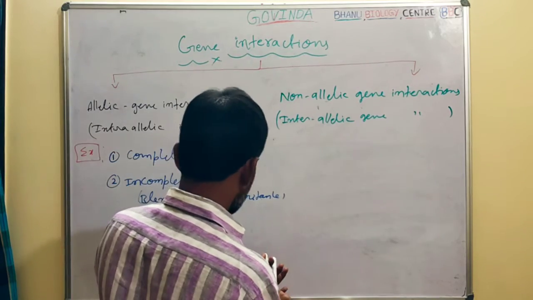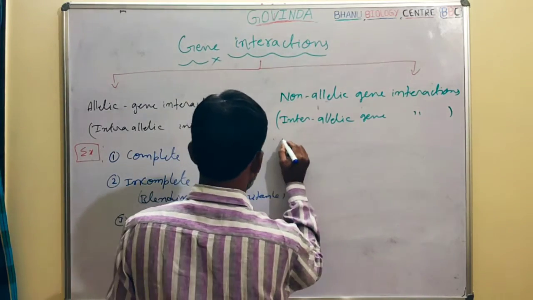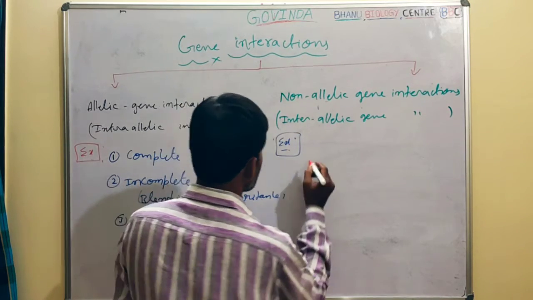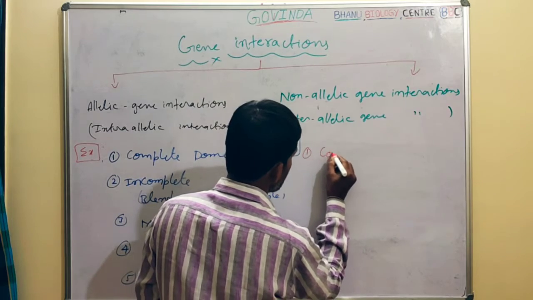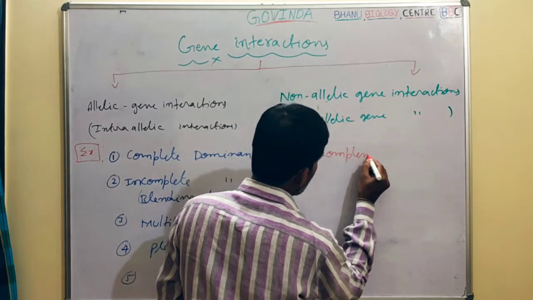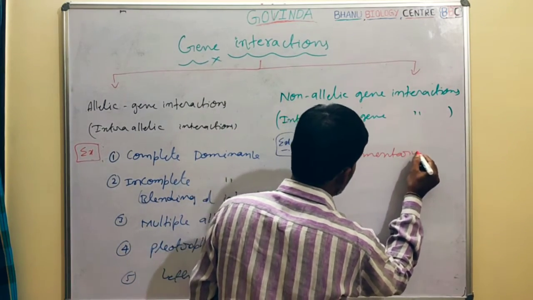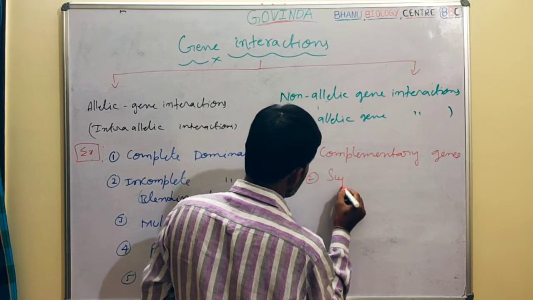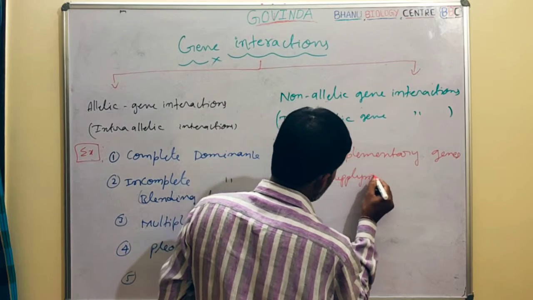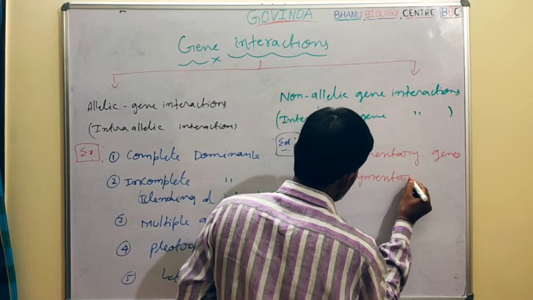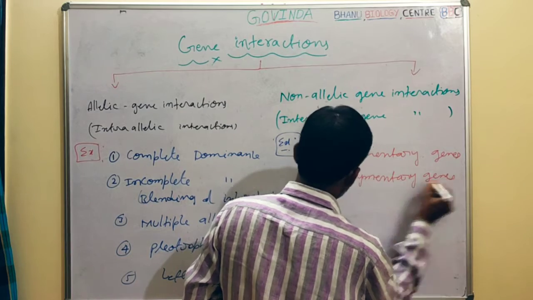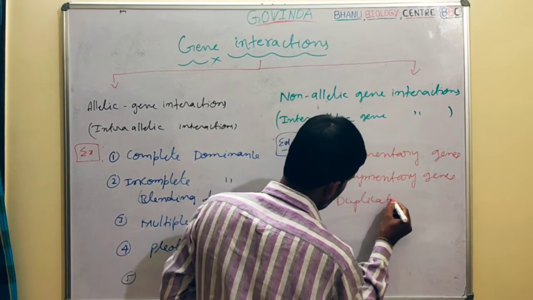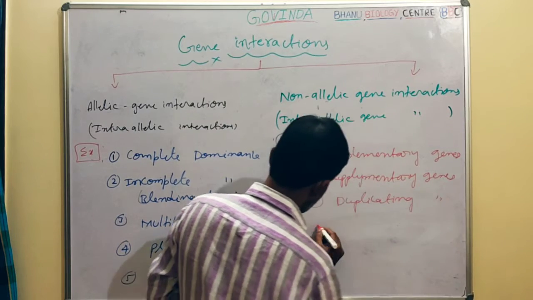Next, examples for non-allelic gene interaction. The first one is complementary genes. Second is supplementary genes. Third is duplicating genes.